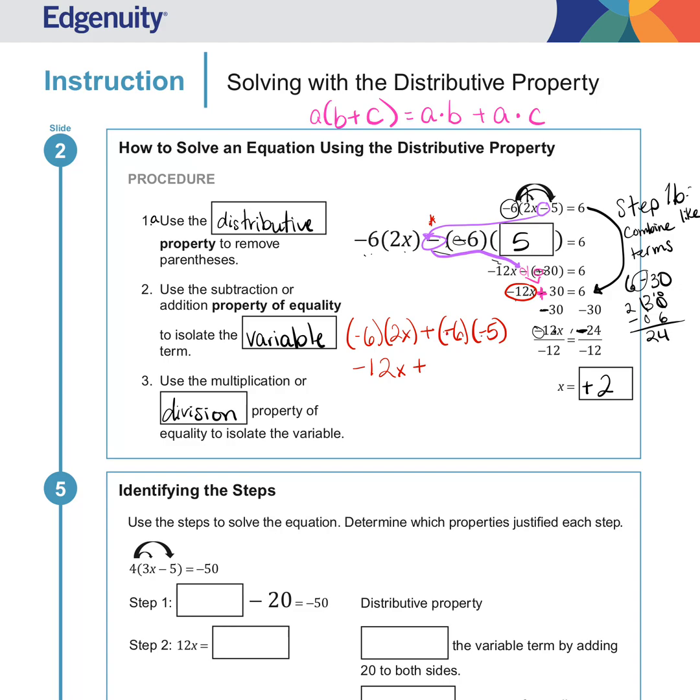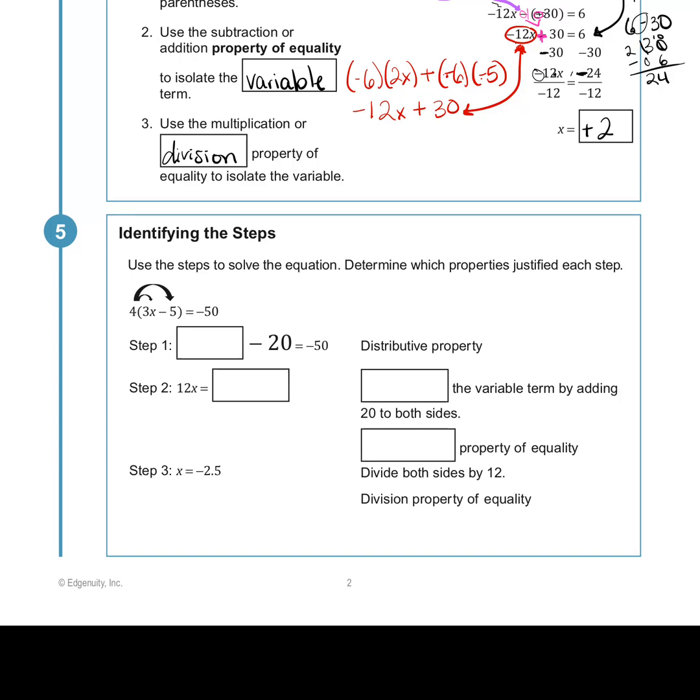A negative times a negative is a positive, and then 6 times 5 is just 30. So it's the same step right here, just a little bit simpler to me, but again, if it's easier to follow these steps that they give you, please follow those. Don't do my way just because it's my way.